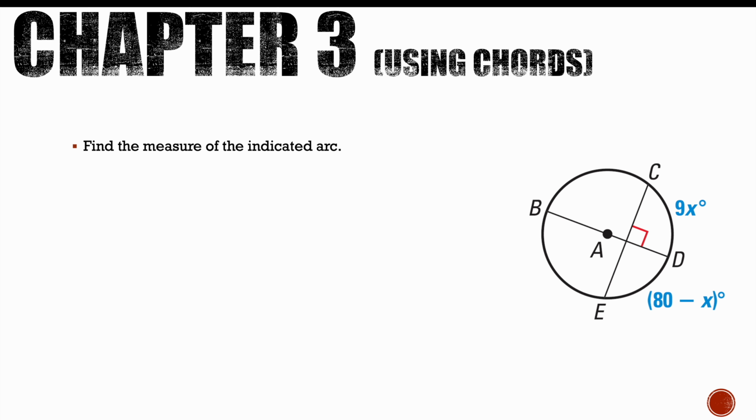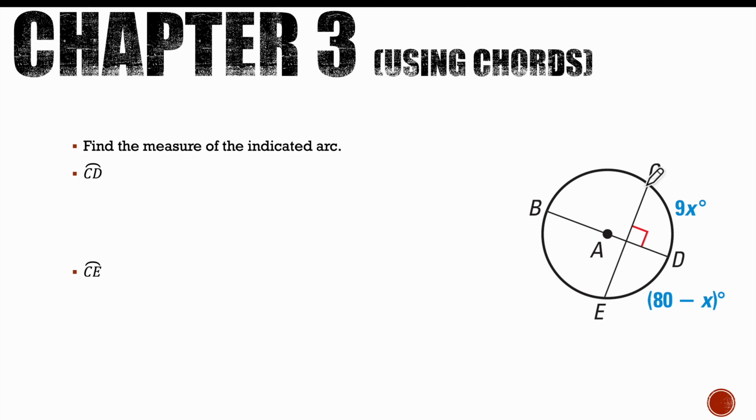Now you have to find the measure of the indicated arc. So you have to find the measure of ADE. So how will you find the measure of ADE? This is very simple.